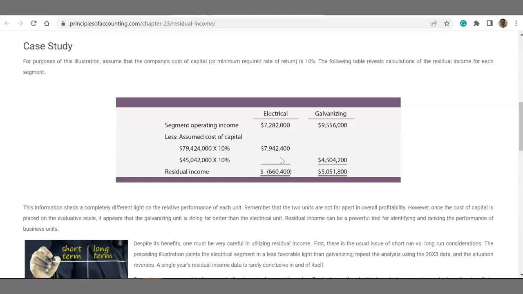We don't create enough operating income to justify that 10% cost of capital. However, in galvanizing, we are doing perfectly fine. We are above the minimum required rate of return for the cost of capital, and we have about $5 million residual income. Okay, so far so good.